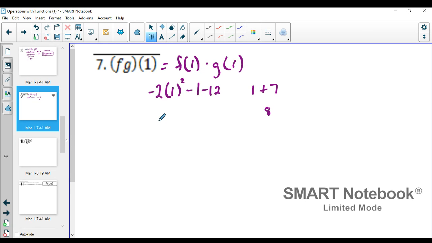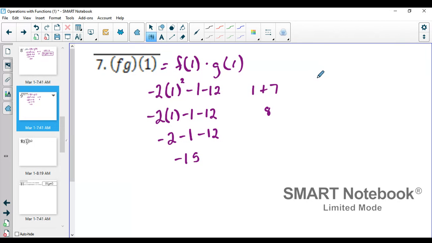So 1 squared is 1. So -2 times 1 minus 1 minus 12. So -2 times 1 is -2. Minus 1 minus 12. And then if you add all of these up, technically, we have -15 for f of 1.